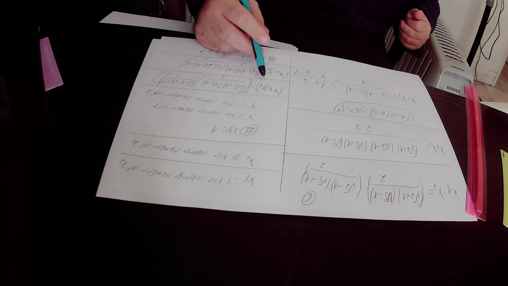Here, x1, y1, we know that x1 times y1 equals 1, that is to say those two numbers are inverse numbers to each other, so x2 is the inverse number of x1, therefore x2 will be equal to y1.